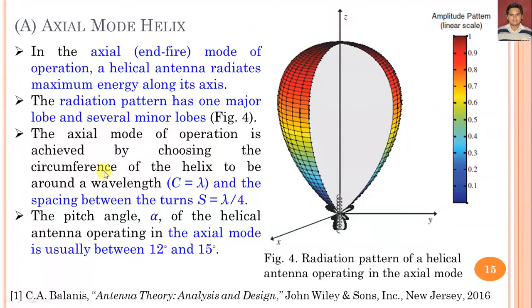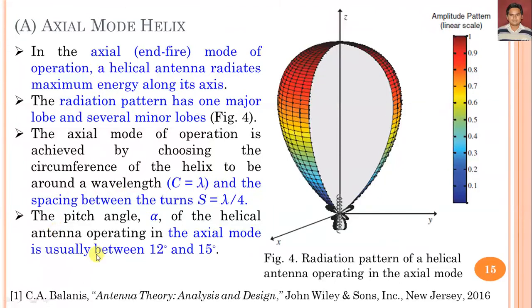So when the circumference of the helix is of the order of lambda, we say it operates in the axial mode, and the spacing between the turns S is equal to lambda by 4. These are the two important assumptions through which we can define the characteristics or radiation pattern of the axial mode helix.